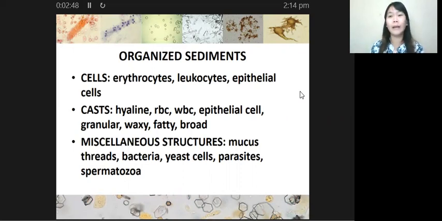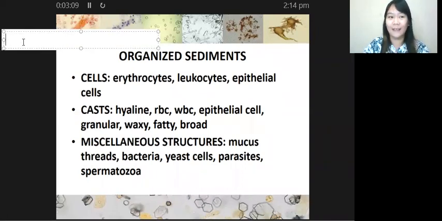Alright, so specifically, ano yung mga cells na pwede nating makita under the microscope? We have your erythrocytes, your leukocytes, and your epithelial cells. So take note, class, na pag ang pinag-uusapan natin ay ang ating mga cells, saan nanggagaling yung ating mga cells sa urine sample?